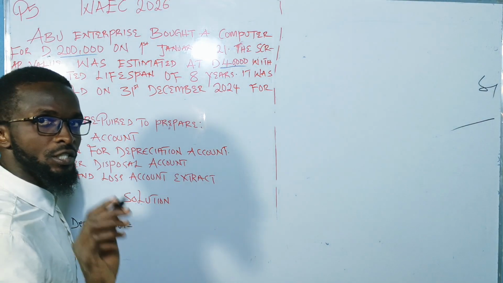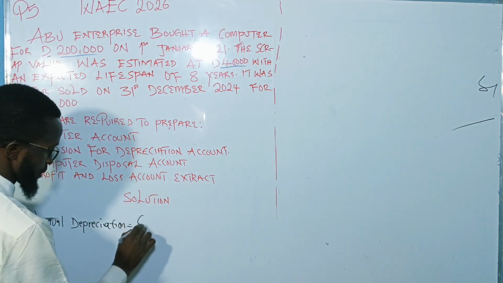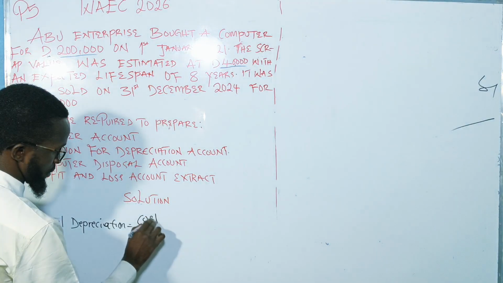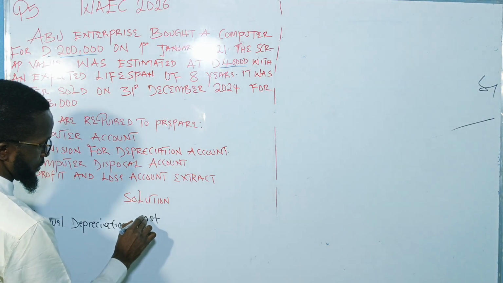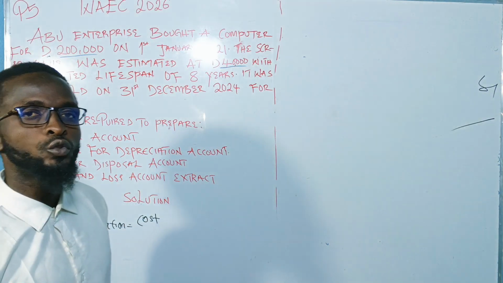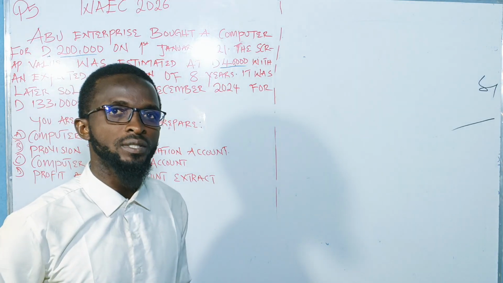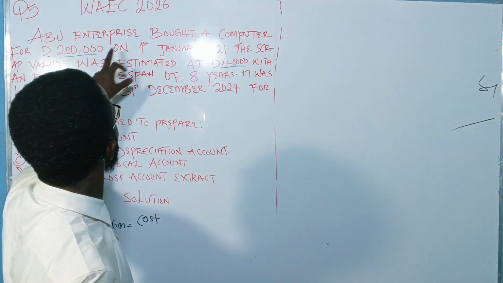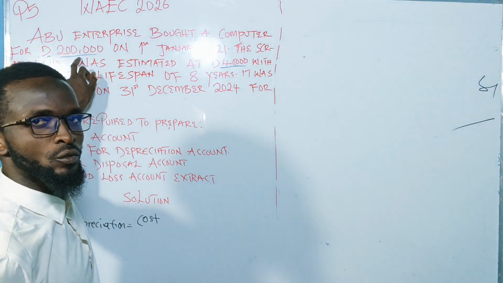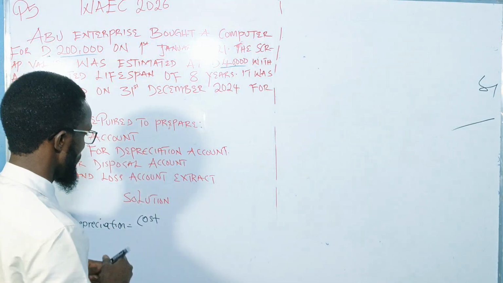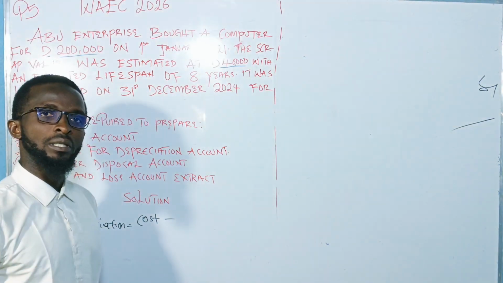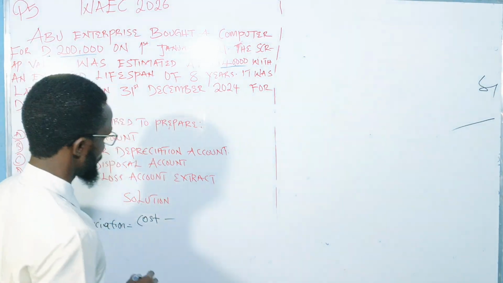Annual depreciation is equal to cost. Cost is the amount you purchase the asset for. That is 200,000. We purchased the asset for $200,000, minus residual value.